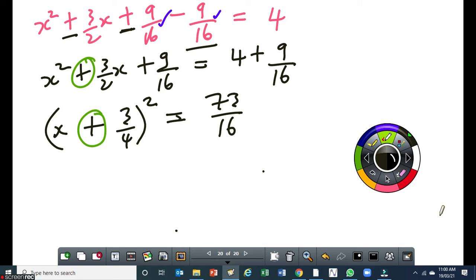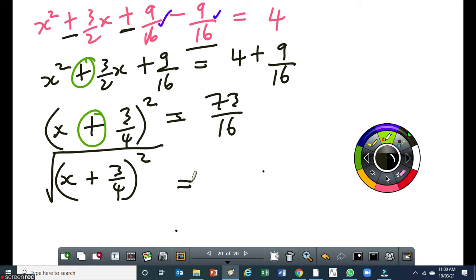Right, so this becomes x plus 3 over 4 squared. Then you find the square root on the left hand side. You also find the square root on the right hand side. But you need to be aware that you are dealing with a quadratic equation. Therefore, the number on the right hand side must be a plus or a minus.